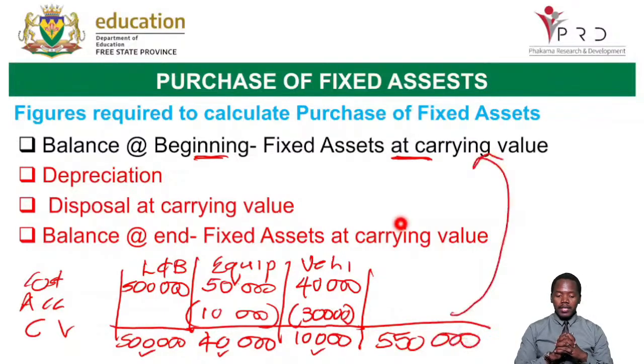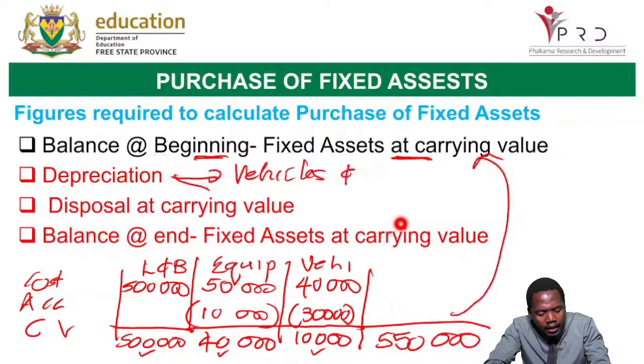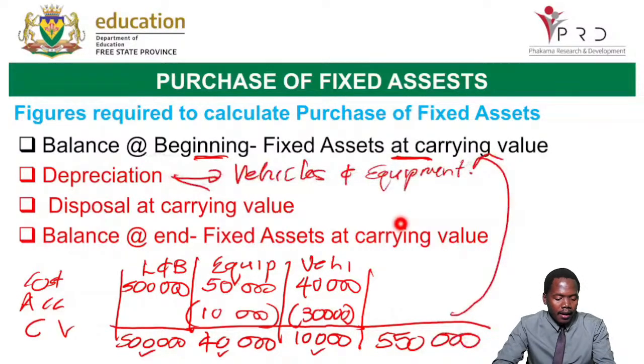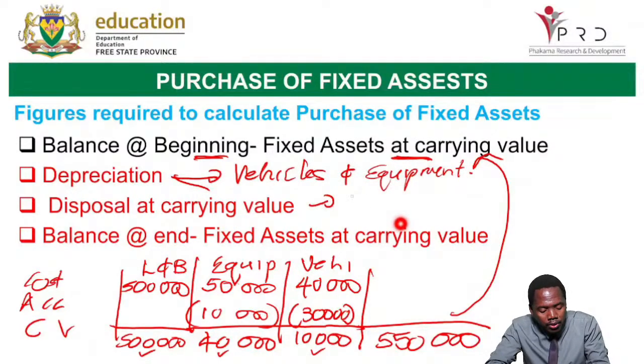Great, Charles. I hope you're still following. And then depreciation. This is the depreciation of both the vehicles and the equipment, provided we have these items. Now, disposal at carrying value. How do we determine the disposal at carrying value? This will be the cost.